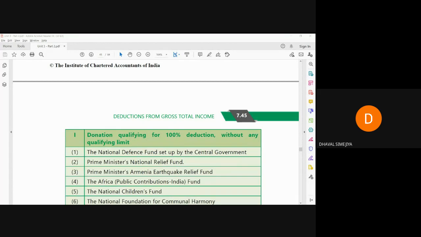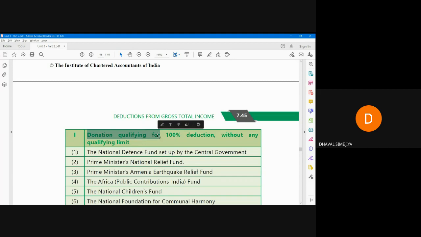Now, first table, donations qualifying for 100% deduction without any qualifying limit. It means if you donate to any of the following funds, then you will get 100% deduction without any limit. Whatever you donate, you will get 100% deduction.